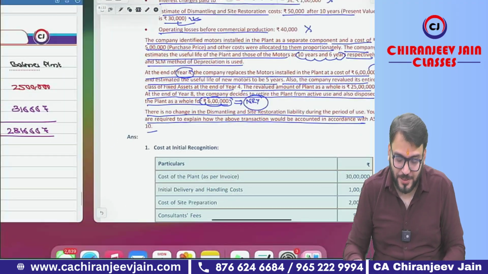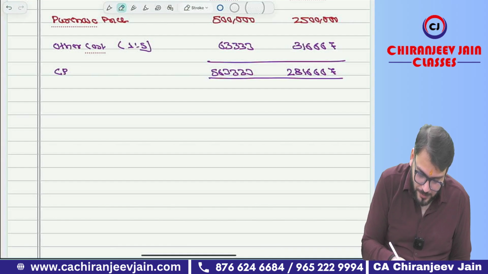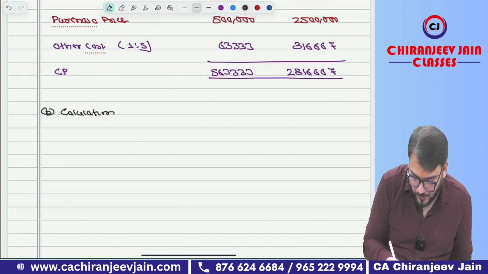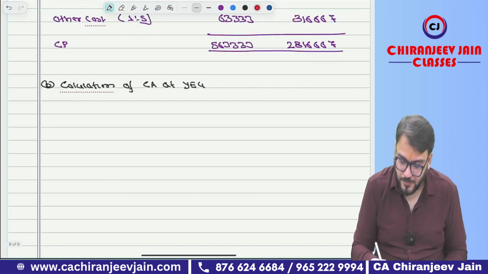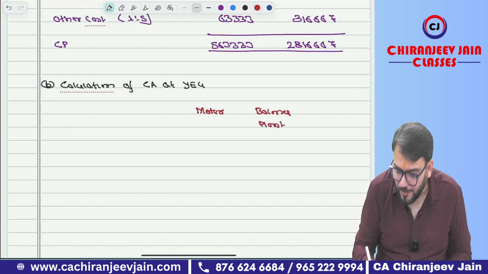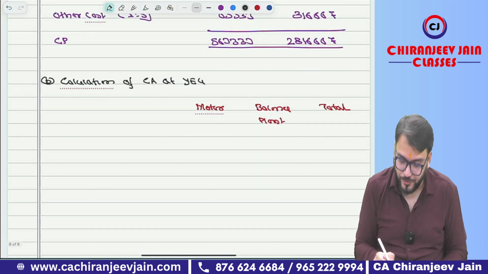Then on point B, calculation of carrying amount at year end 4, for motor and balance plant, and if you want you can make one column for total, or you can avoid it.